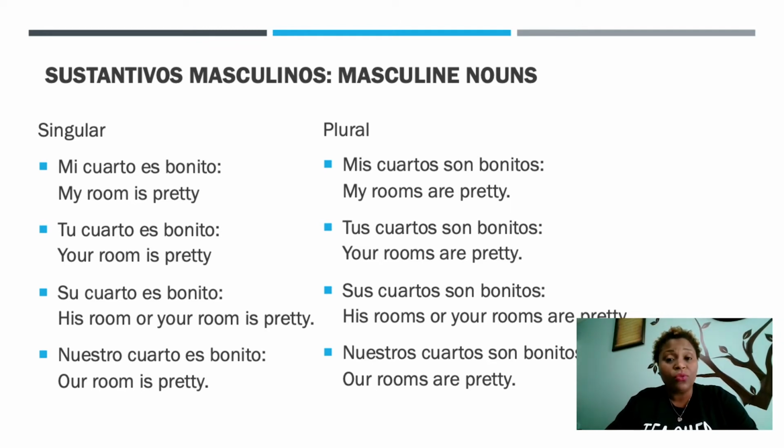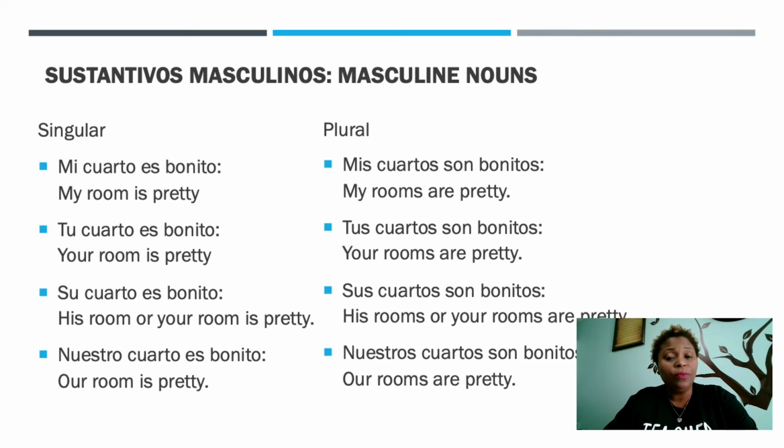Sustantivos masculinos. Okay, so the singular. If you want to say, my room is pretty. Mi cuarto es bonito.